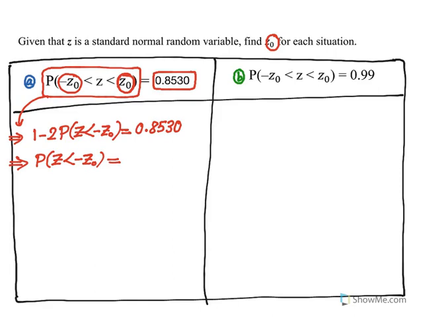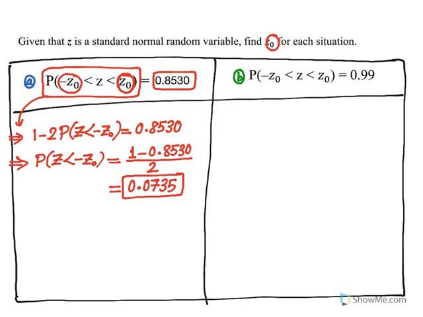You can take it to the other side and bring things to the opposite side and solve. So it will be 1 minus 0.8530 divided by 2. A simple algebra. And this will give you, if you do it on your calculator, 0.0735.